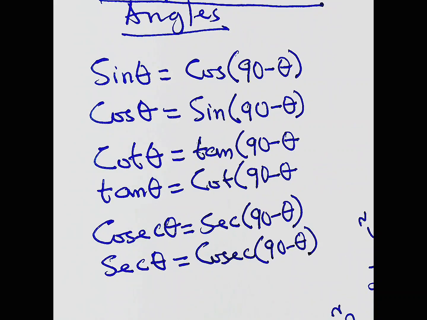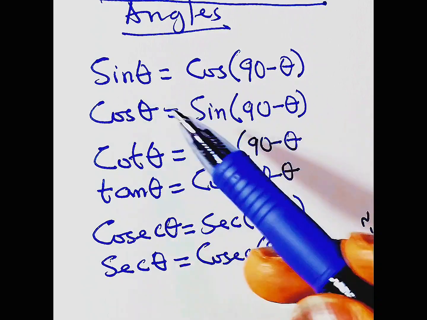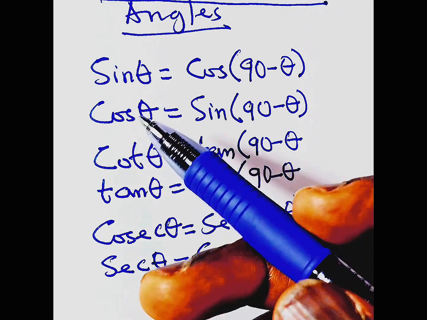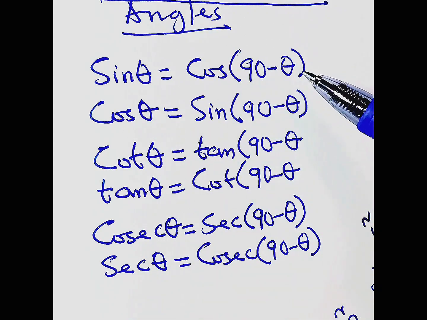You can see that they are all complementary angles. You can use any of them to interchange, or convert one to the other. When you see sin theta and you find that you're dealing with cos (90 minus theta), you can convert it, and it's easier for you to prove them.